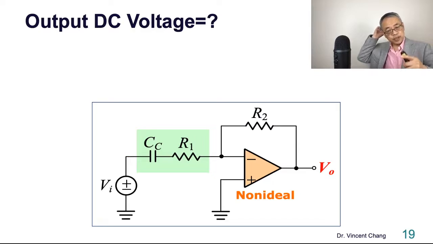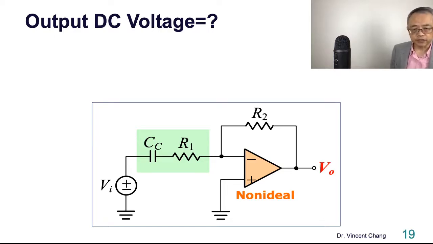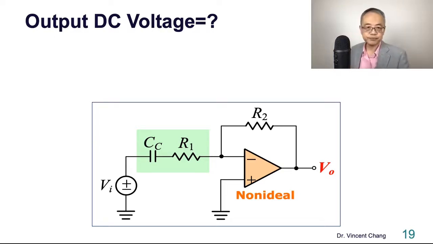So let me ask you another question. For this, what's the output offset voltage? This circuit is similar, right? It's similar to the non-inverting, but plus one capacitor, CC.